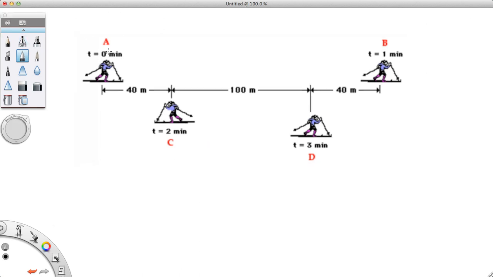They're starting right here at A, and then they're going to B, and then they're going to C, and then they're going to D. Overall time in this case is 3 minutes. Not that time really is playing much of a factor yet, but it will. What is the total distance and displacement of this cross-country skier? Go ahead and spend just a couple minutes doing that.